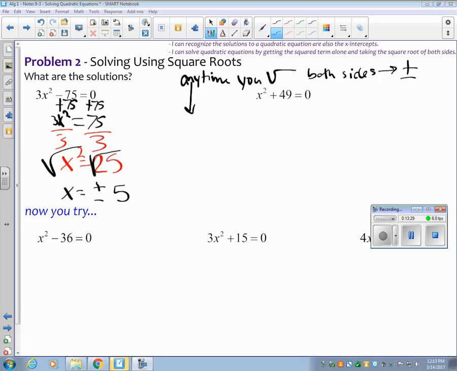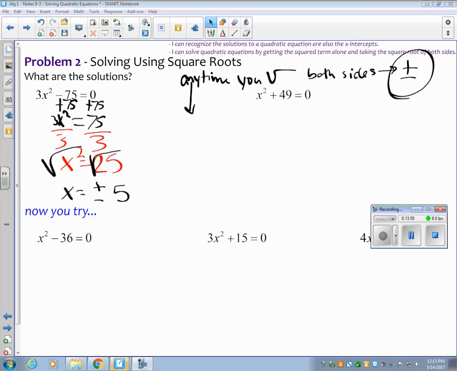Because, Paisley, what is negative 5 times negative 5? 25. And what's 5 times 5? 25. So 5 and negative 5 will both give you 25 when you square it. That's why when we take the square root of both sides, you have to do the plus and the minus.